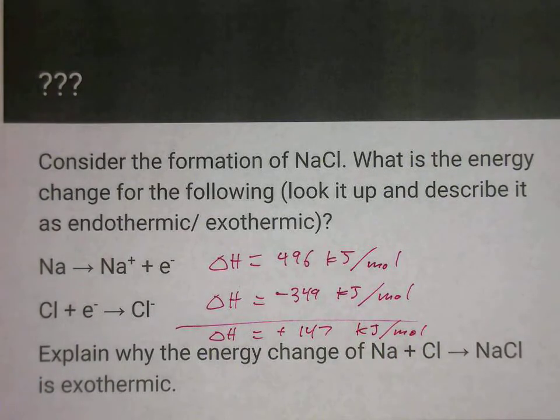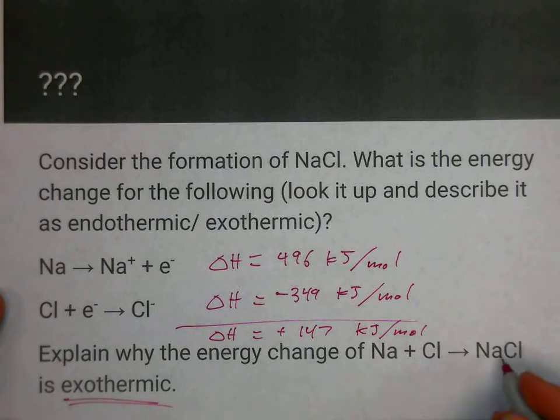So in other words, it's endothermic, energy is being put in, but we know that the energy change in which sodium chloride is formed is exothermic. So how do we explain this?